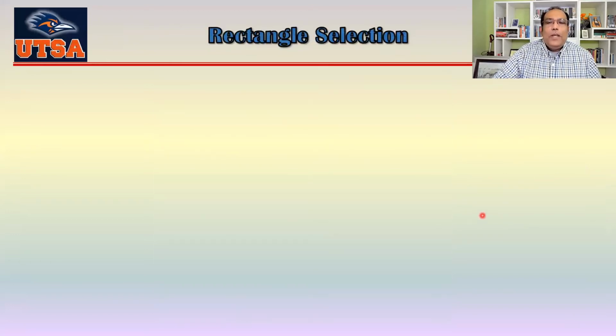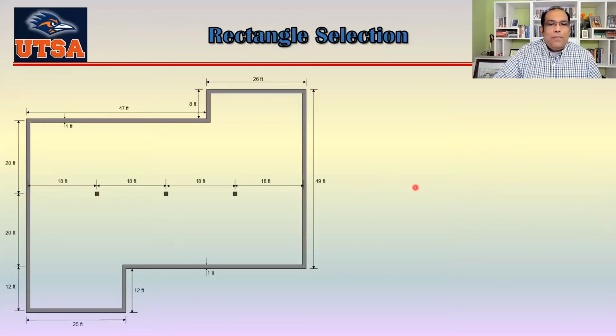Now, first of all, we need to do the rectangle selection. Meaning, if this is the plan of my building, which is a little bit irregular here and here, how can I design it? What we usually do is first draw as many rectangles as big as possible.